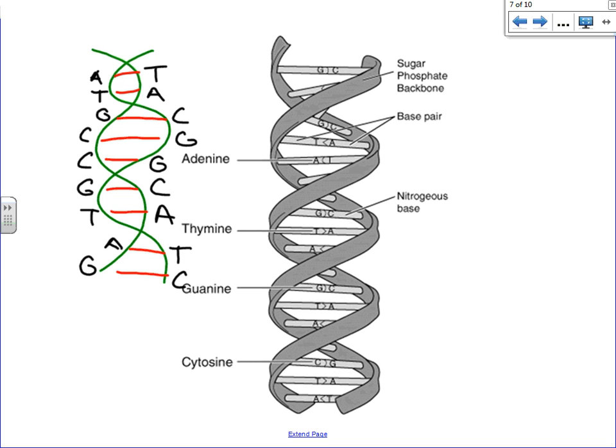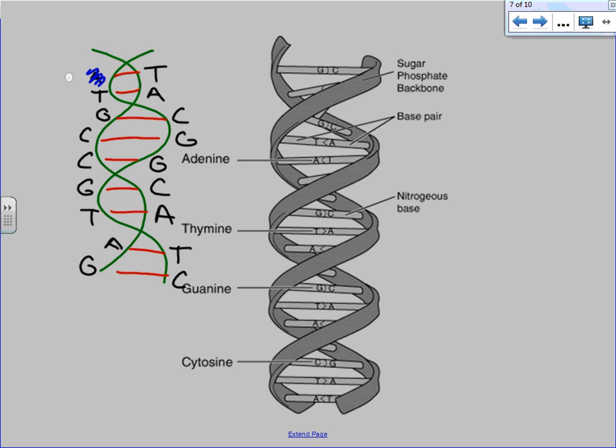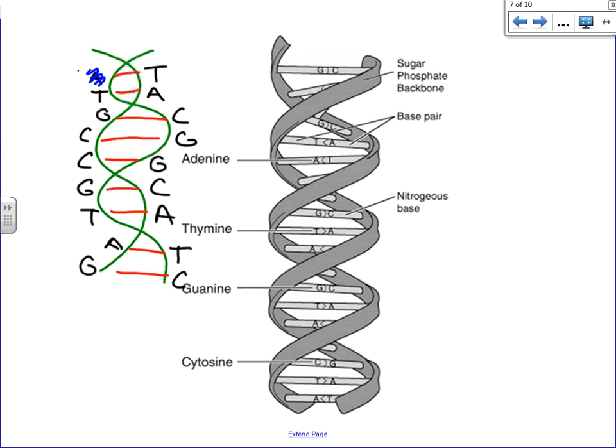And the reason behind this is that the order of letters is incredibly important. So if at some point, due to some sort of damage, this letter were to change to a G, that would incredibly disrupt what code that gene had made.